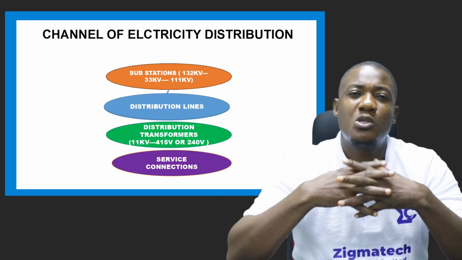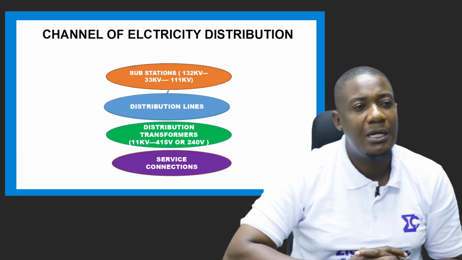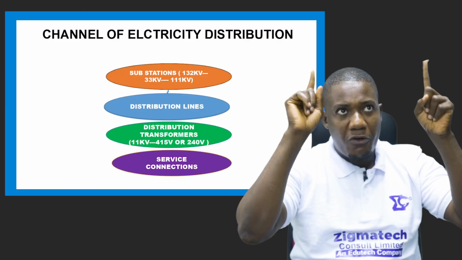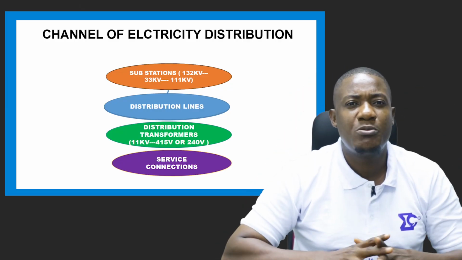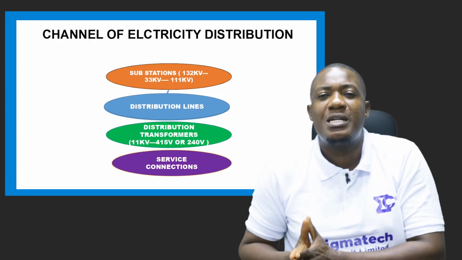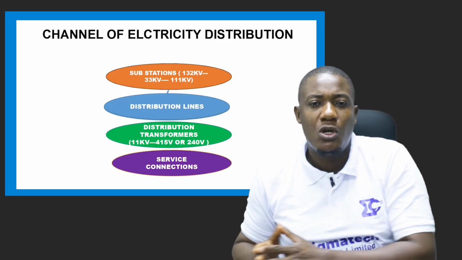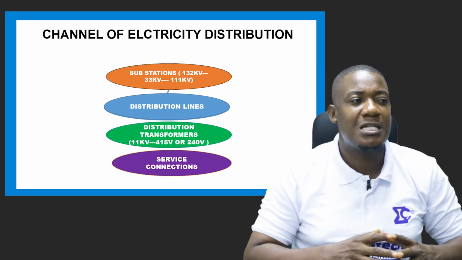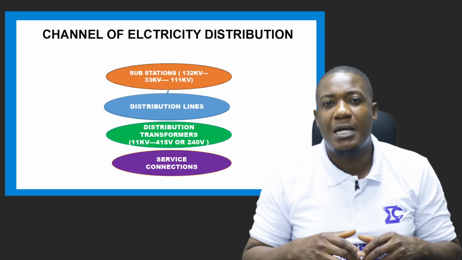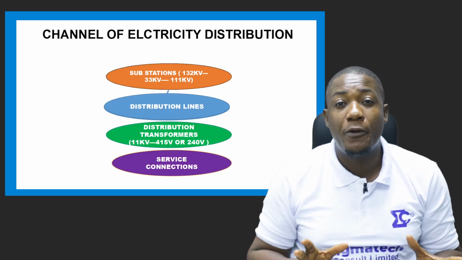In these distribution transformers, the 11,000 volts coming from the distribution channels will be stepped down to about 230 to 250 volts, because this is the voltage that the appliances in our homes can actually tolerate. If not, they will burn.